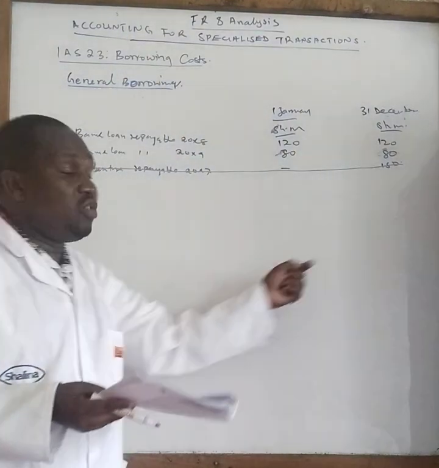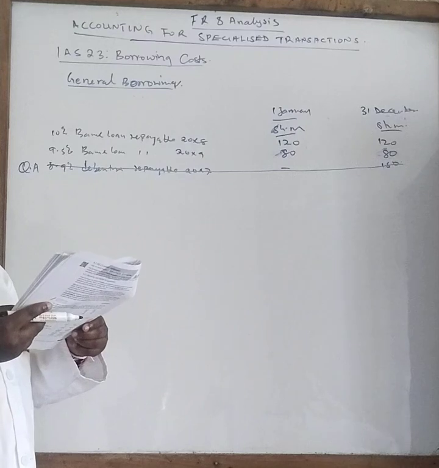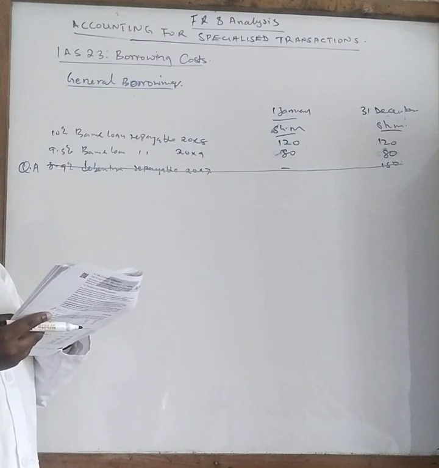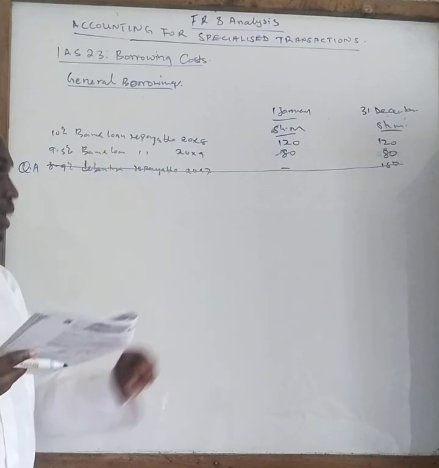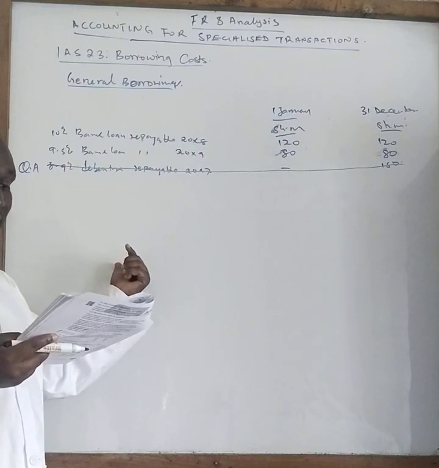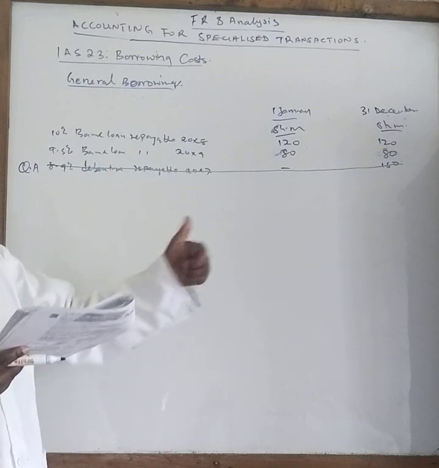We don't know which one, but we have been told 8.9% is for a qualifying asset, correct? Expenditure drawn down for the construction was 30 million on 1st of January 20x6. So they withdrew 30 million to be used from 1st of January 20x6. Then they will draw again 20 million to be used on 1st of October.